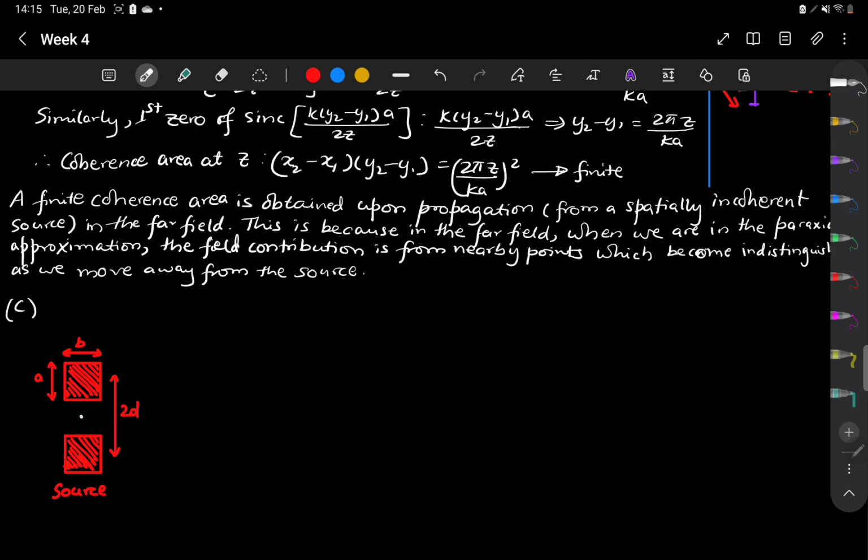Let's see the origin. Let me keep it over here in the middle. So this is the x prime axis.